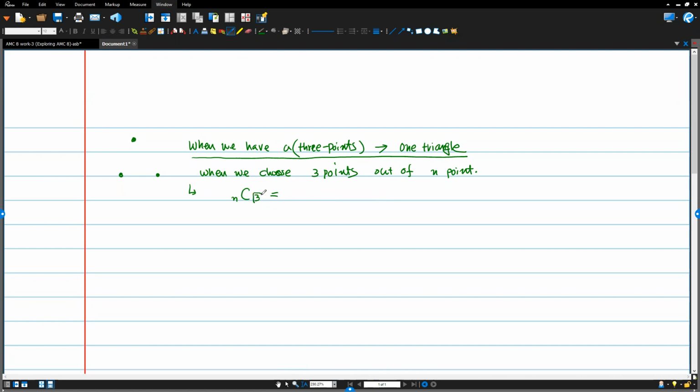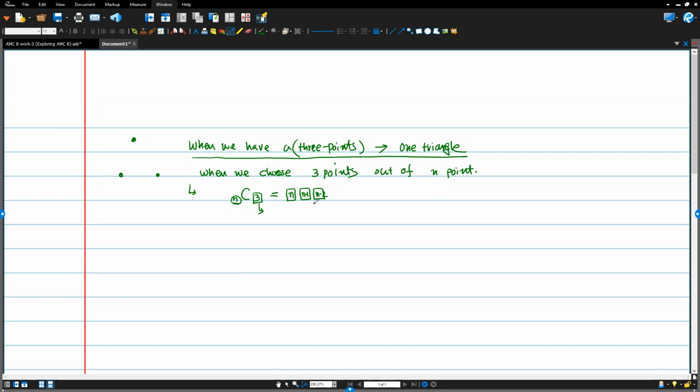This is the number of choices for the 3 points. For the first one, you can choose from all N points. The second one has 1 less than this number, N minus 1. The next one has 1 less again, N minus 2 choices.